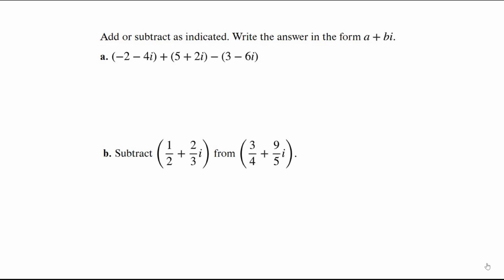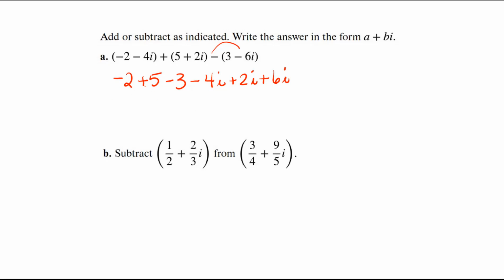Okay, so when we add or subtract complex numbers, we treat them just like any other polynomial. We add the like terms. So in this first one here, I'll just go ahead and write the real numbers first: negative 2 plus 5 minus 3. And then I'll write the imaginary numbers: minus 4i plus 2i. And then since I have to distribute that, that'll be plus 6i.